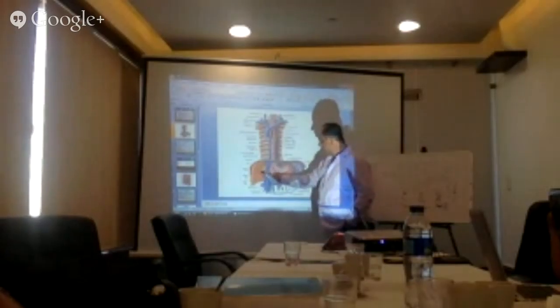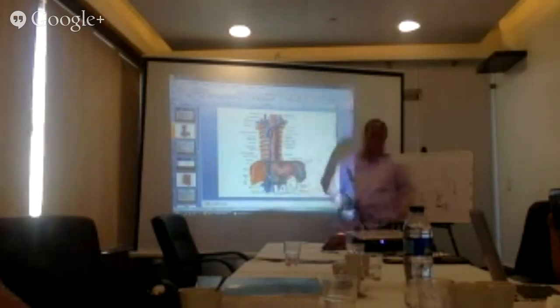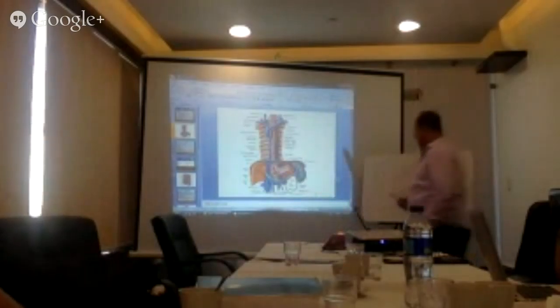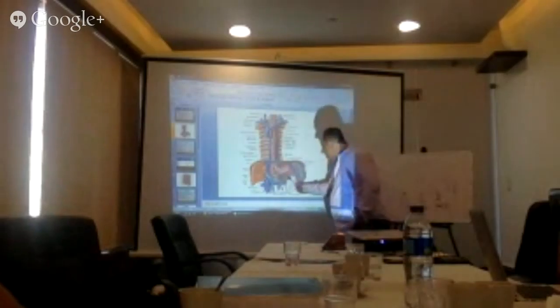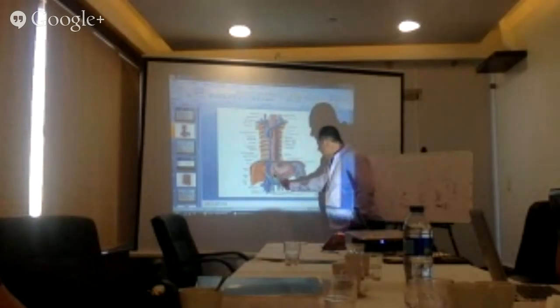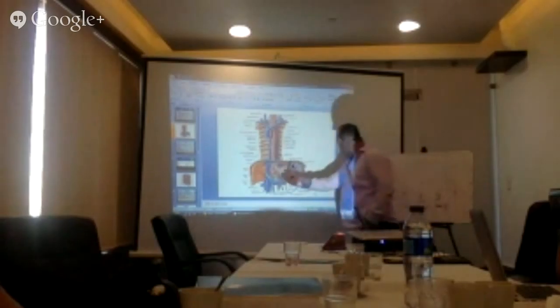And then they are going to have anastomosis with the hepatic vein, and the hepatic veins are going to drain into the inferior vena cava. Not only these are the major branches which form the portal vein, but here we are going to have small veins like the left gastric vein or right gastric veins that are going to drain into the portal vein, but they are going to be separate.